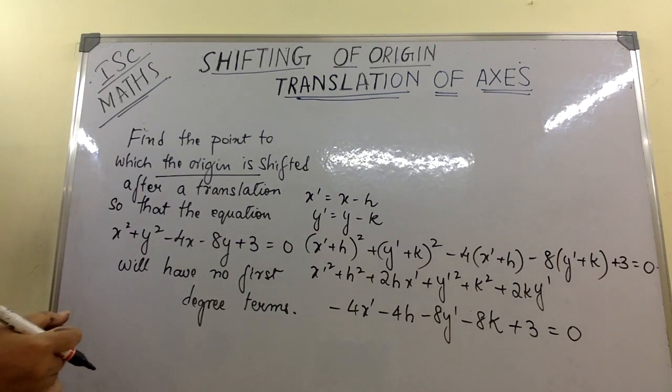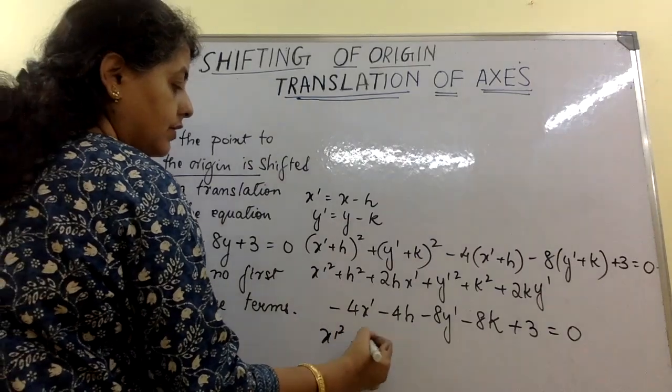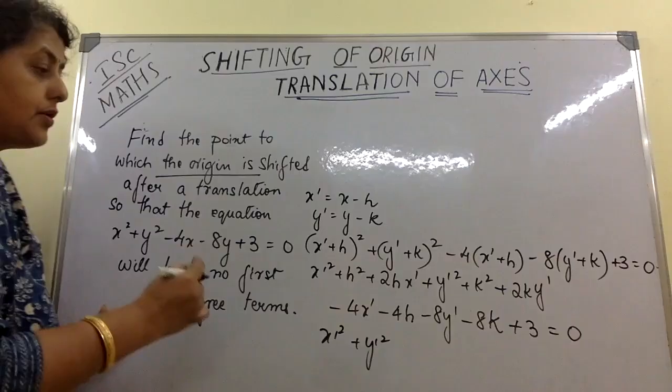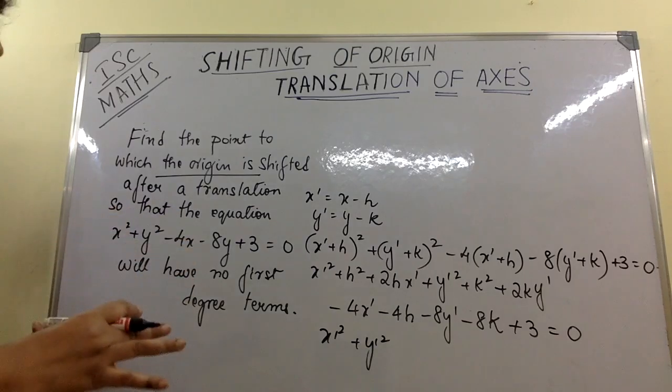So here I have these two square terms, x dash square and y dash square, and now what I have to do is find the value of h and k.